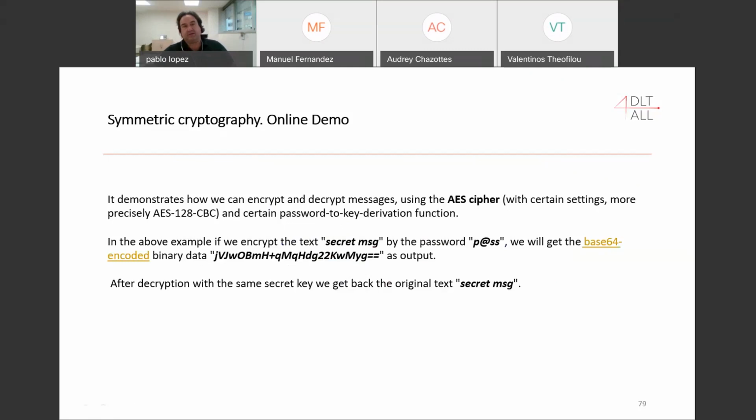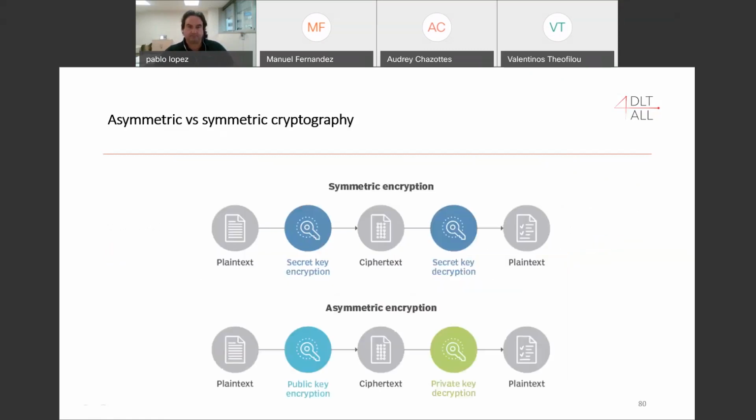Here's an explanation of this online tool that we mentioned before, about which kinds of text are encoded and which are not. And let's continue.